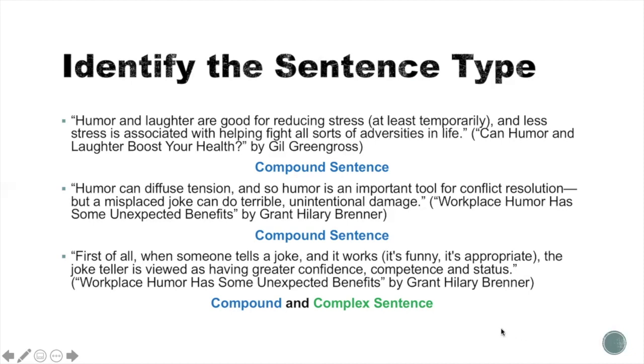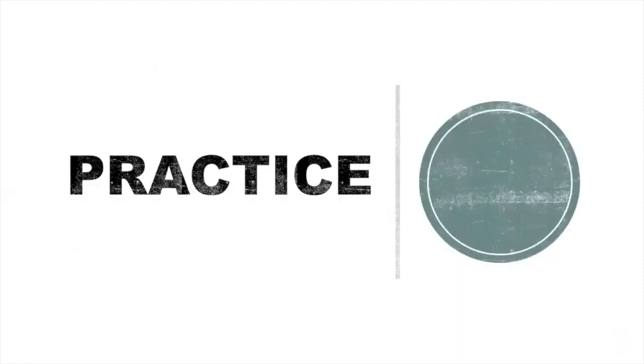And so by understanding these types of sentences, that gives us tools to help us in paraphrasing. Because in order to effectively paraphrase, we have to create a new sentence structure and we need to use our own words. And so let's talk about how we'll apply this with paraphrasing. Let's practice a little bit.